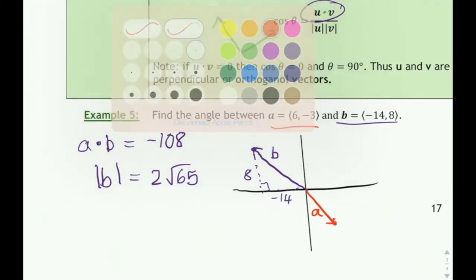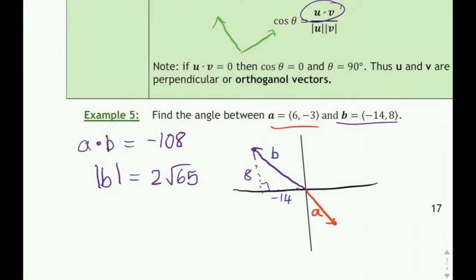Then for vector A, 6, -3, the magnitude is 6 squared plus -3 squared. Take the square root, it's square root of 45, which is 3 square root of 5.